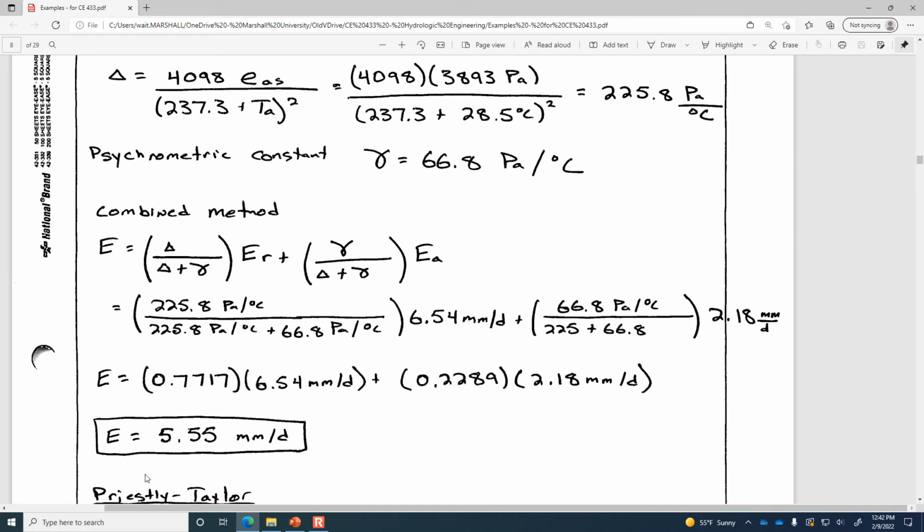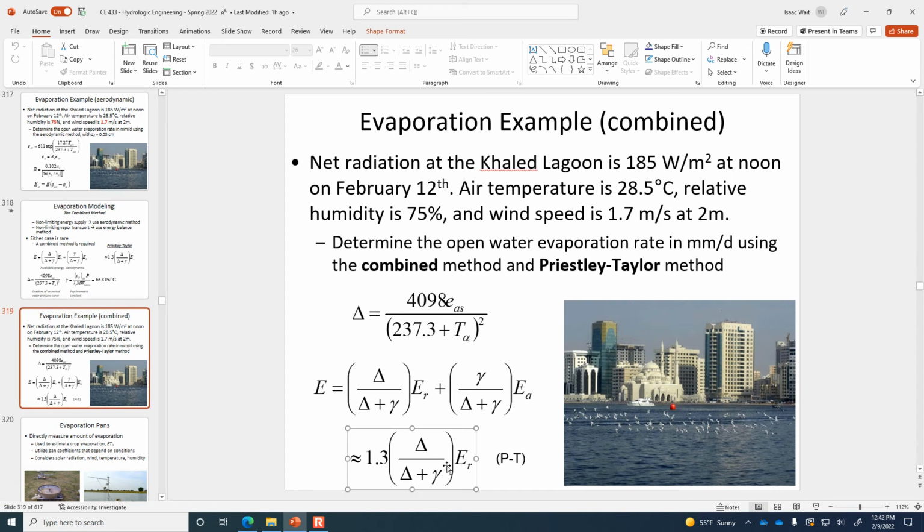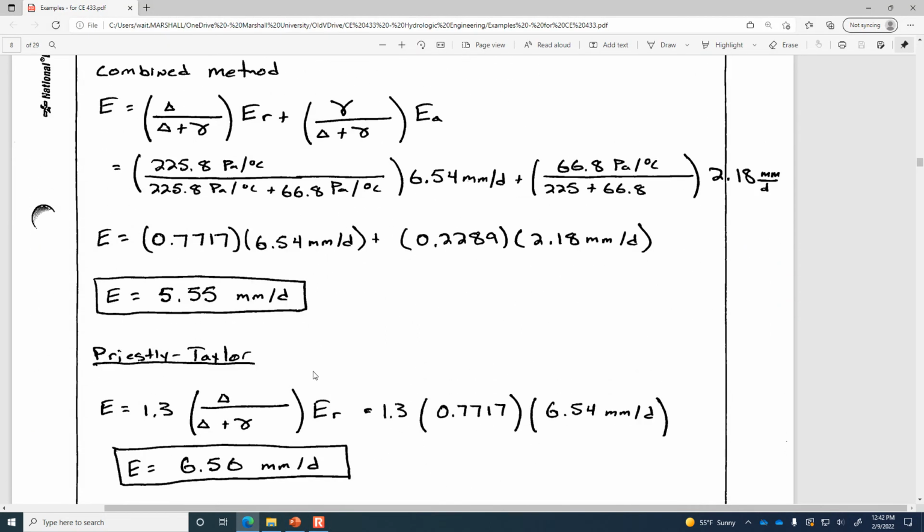And that's also confirmed if we apply this Priestley-Taylor approach, which is even simpler than the full combined method. The Priestley-Taylor is just saying, let's just do 1.3 times the energy, and Priestley-Taylor suggested that it would be 6.5 millimeters per day.